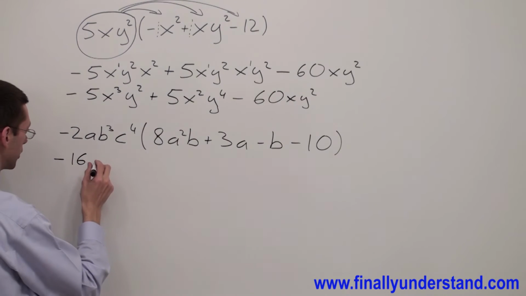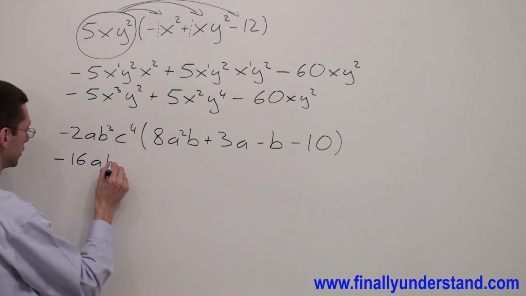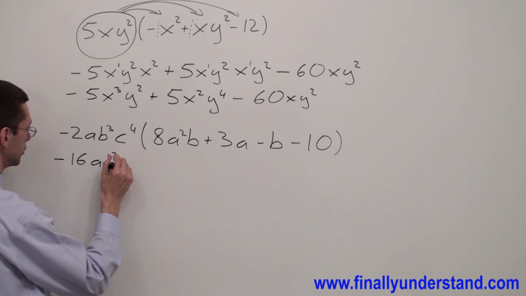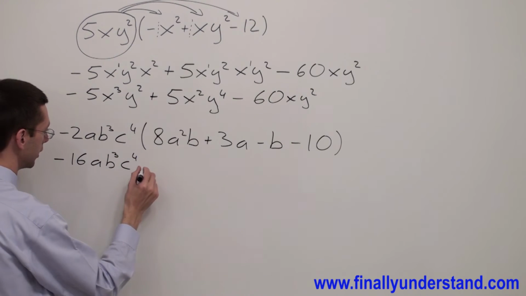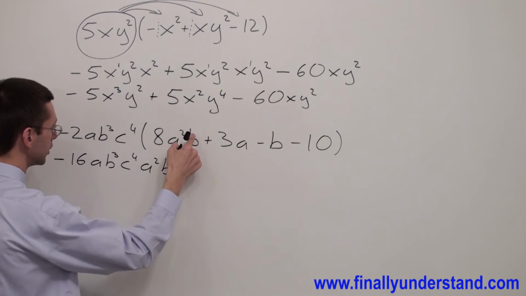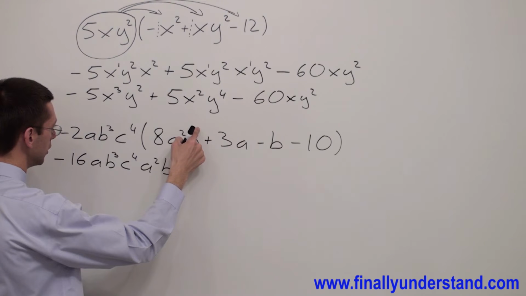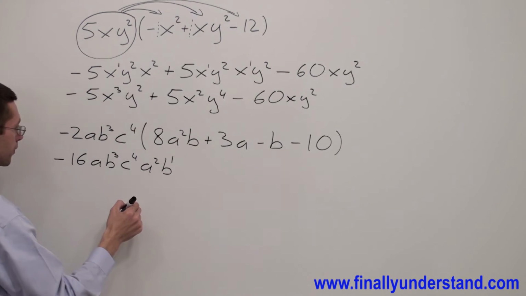And let me copy the variables because they're the most confusing ones. So I have a, b to the third, c to the fourth. I have to multiply by a to the second and b. Remember, anytime there is no visible exponent, there is always invisible 1.